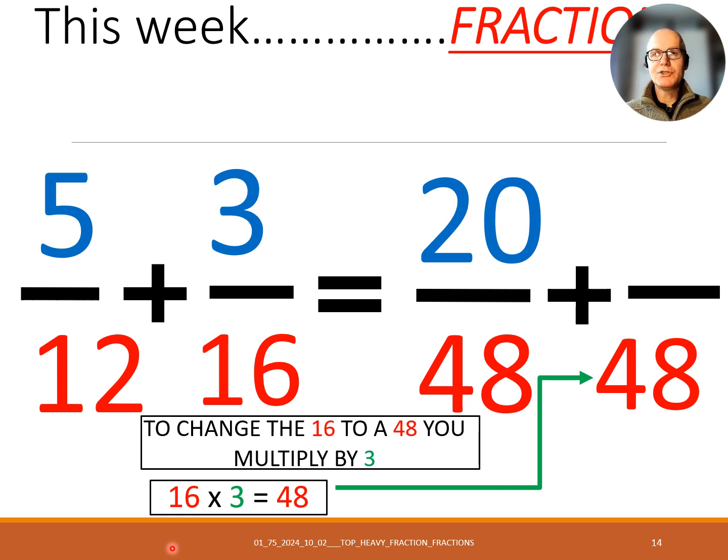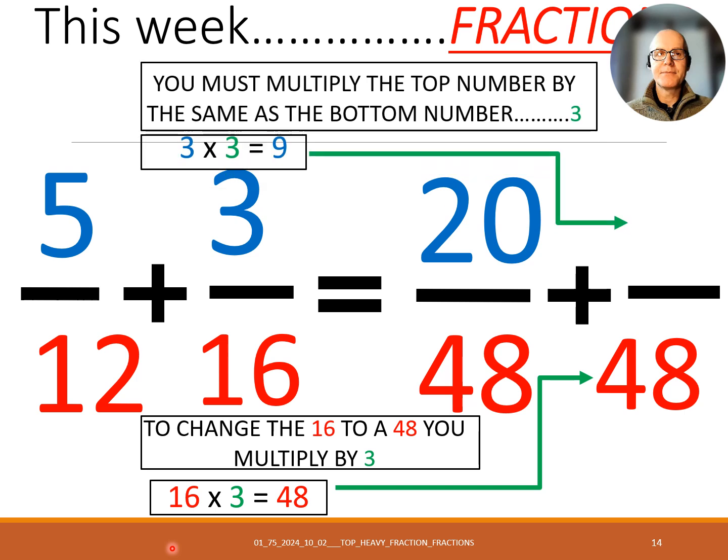Similarly to what we did with the 5 twelfths, we have to multiply the 3 on top of the 3 sixteenths by 3. 3 times 3 is 9. 3 sixteenths in 48ths is 9 48ths. So we've gone from 5 twelfths and 3 sixteenths to 20 48ths and 9 48ths.